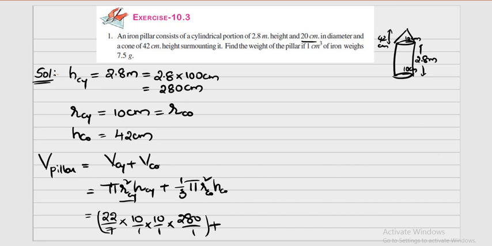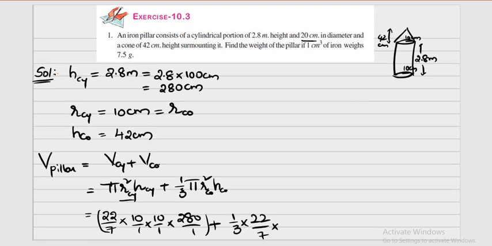If you miss anything, then the answer will go wrong, right? So while simplifying, be careful. So 22/7 into the radius of the cone. The radius of the cone is also the same, no? So 10/1 into 10/1 into the height of the cone, which is 42 centimeters. So 42 divided by 1.